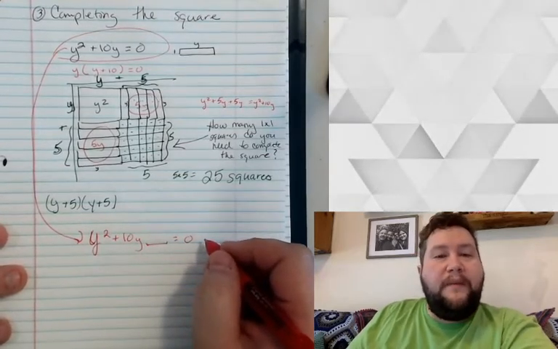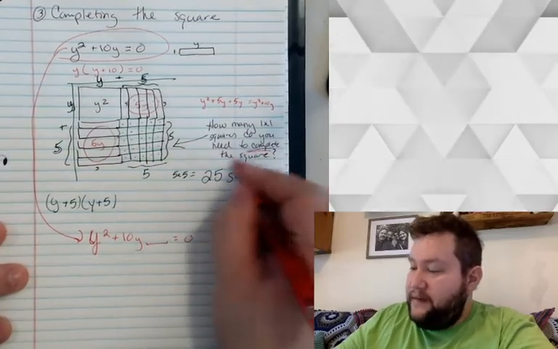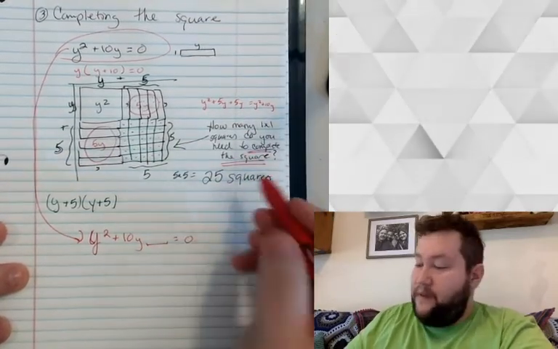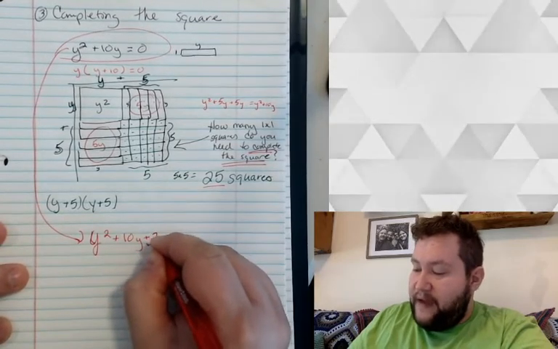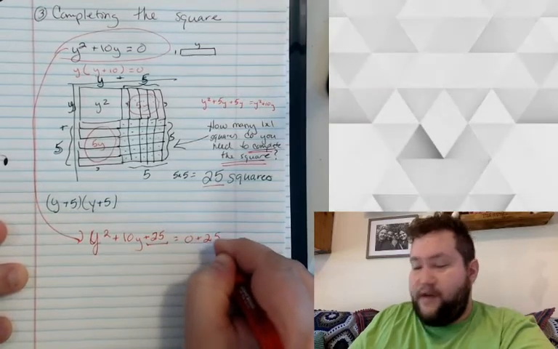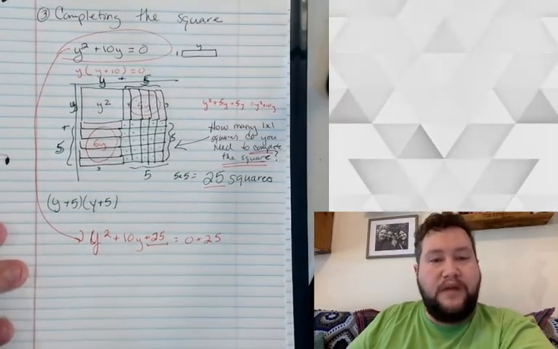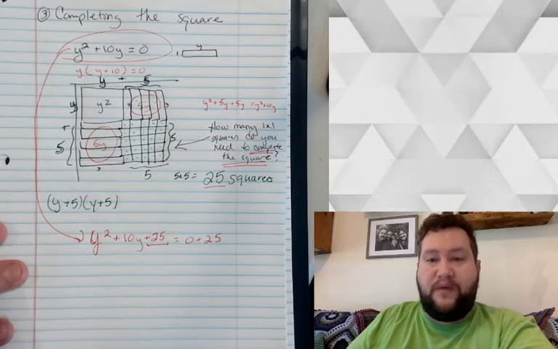So my question was, how many 1 by 1 squares do you need to complete the square? And we said 25. So by my equivalence properties, I can add 25 here as long as I add 25 here, right? So I have y squared plus 10y plus 25 equals 0 plus 25.